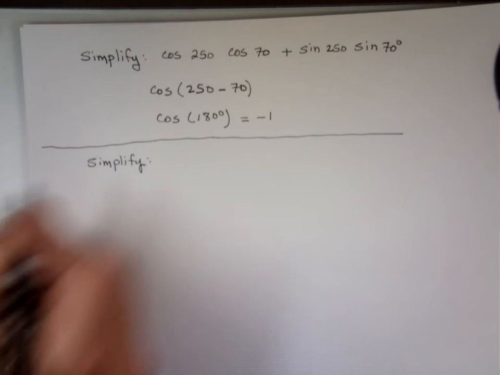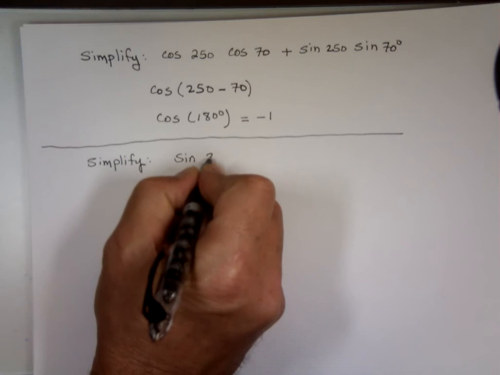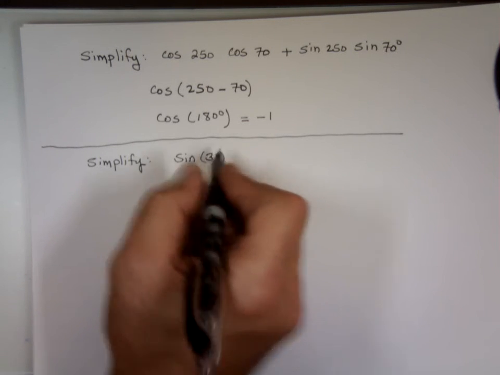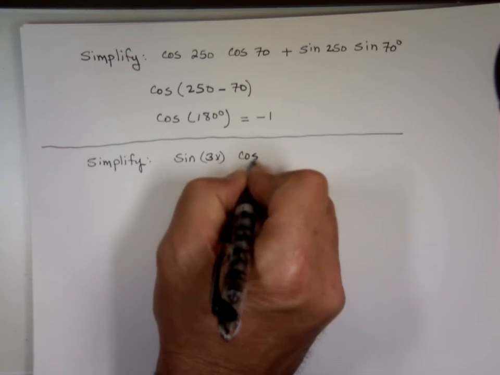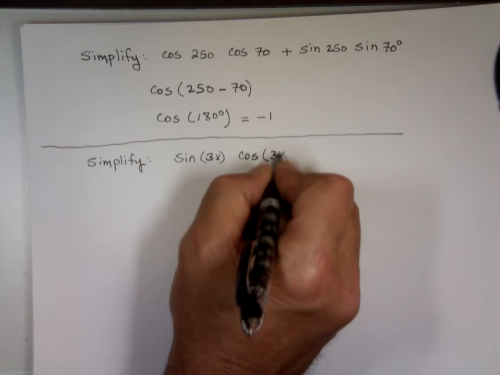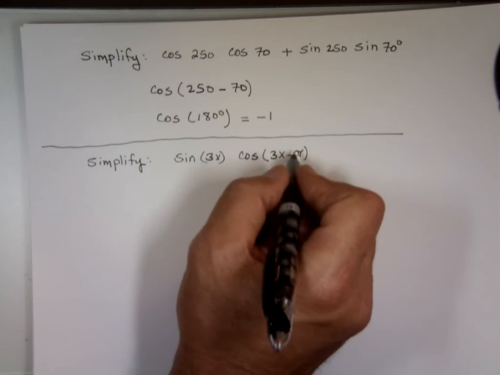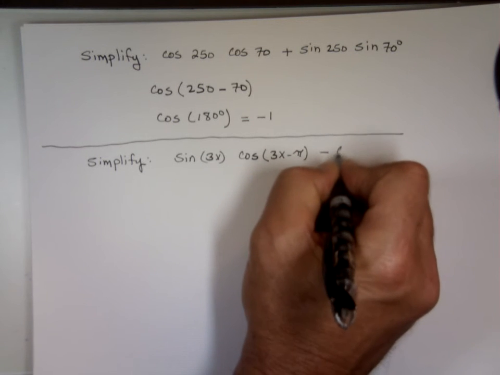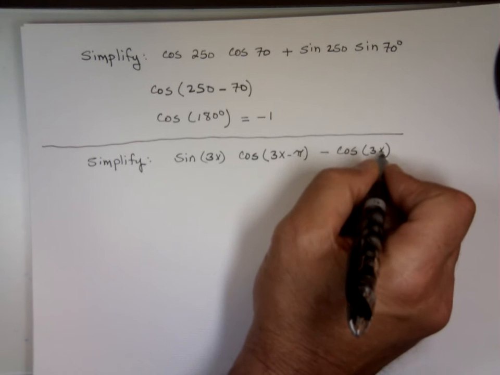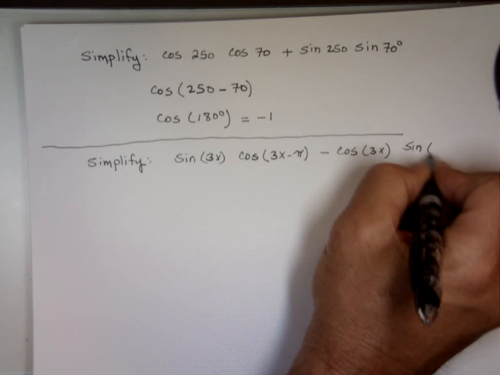Let's take this: sine 3x cosine of 3x minus pi, minus cosine 3x sine of 3x minus pi.